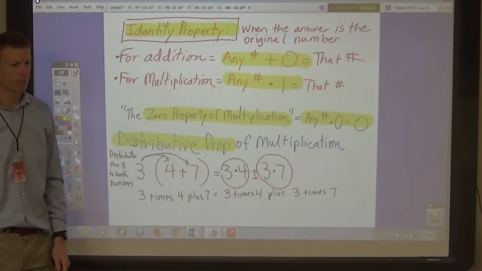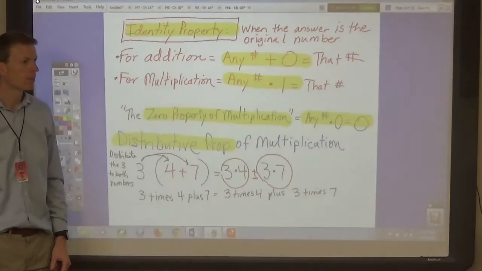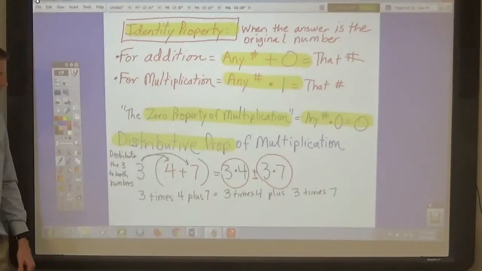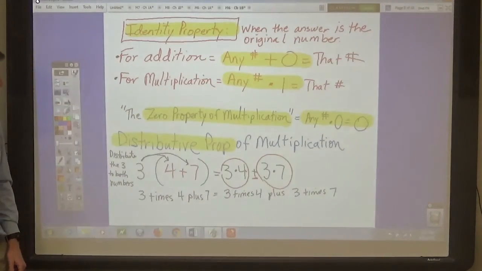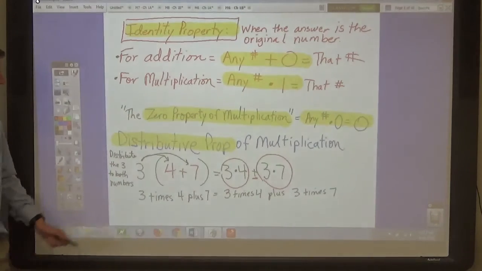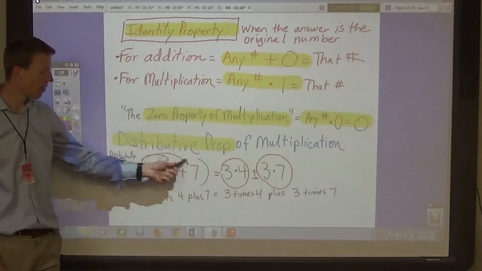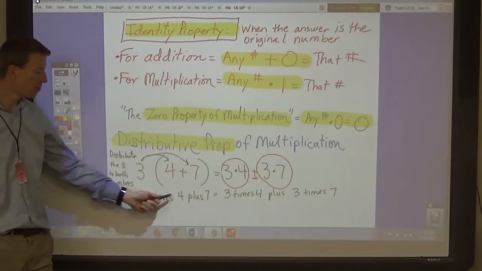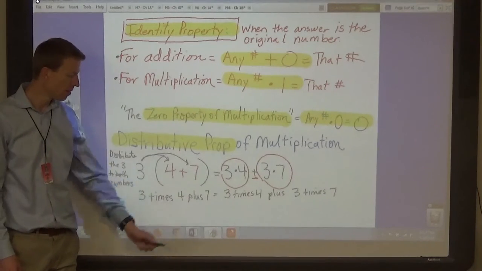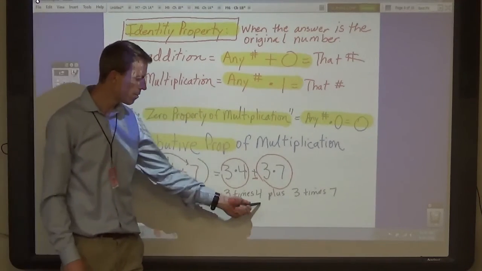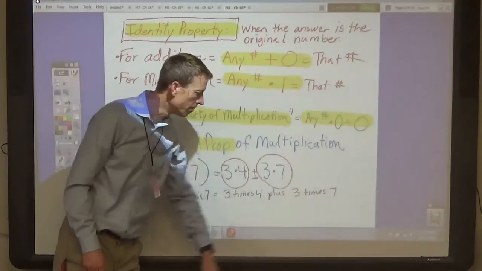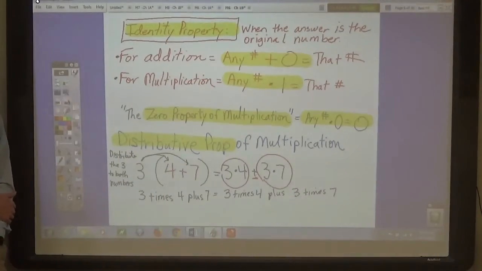That's what this says. Colton, right down there, you wrote it in word form, so you have to do that. It might be helpful so that you know what the diagram is showing. 3 times 4 plus 7 is the same as 3 times 4 plus 3 times 7. Okay?